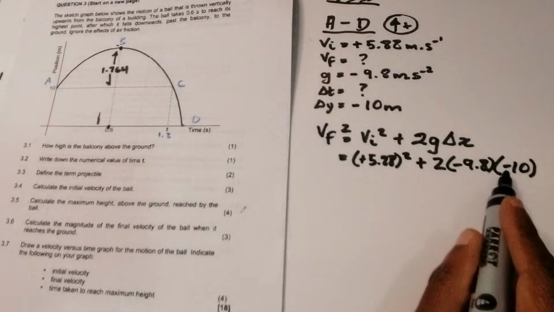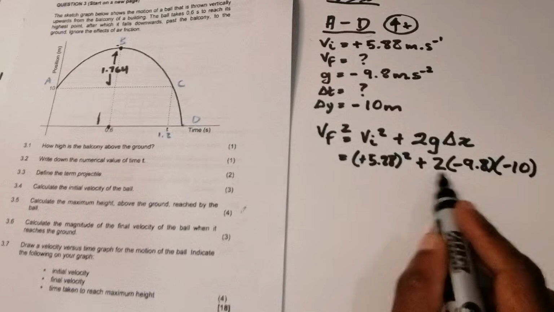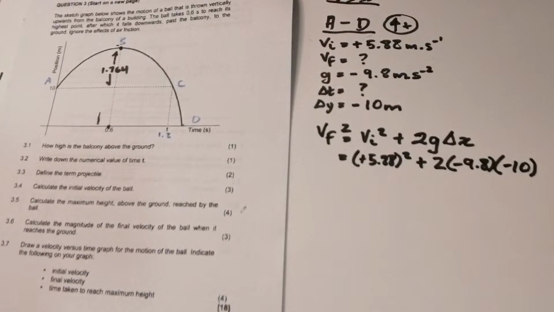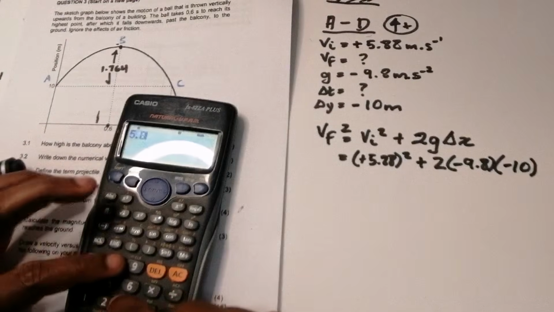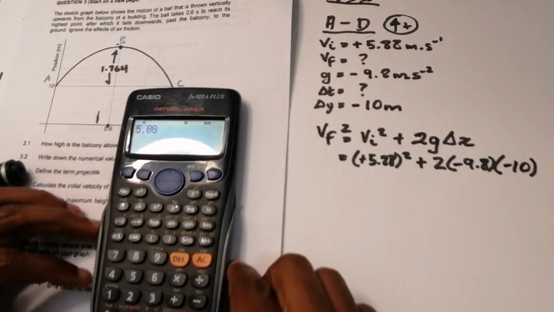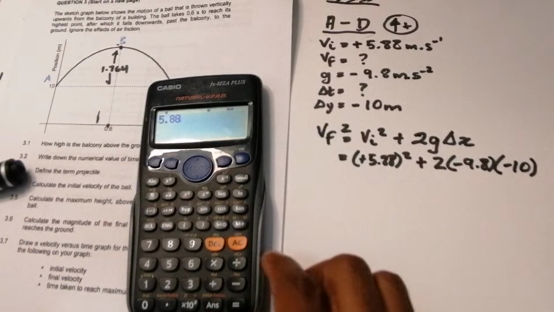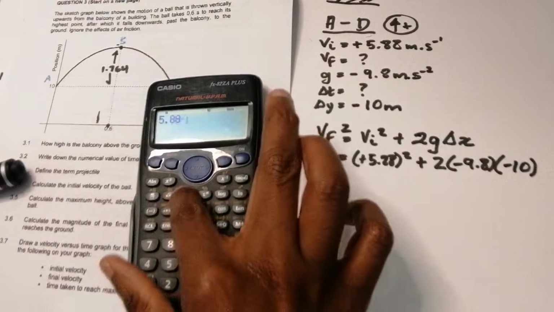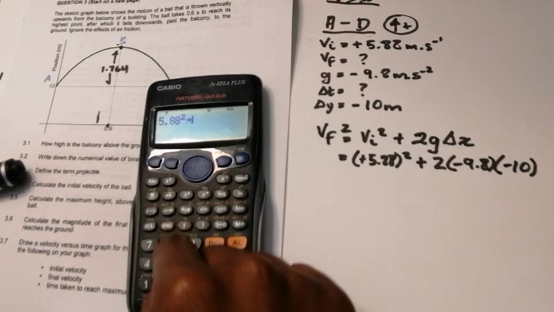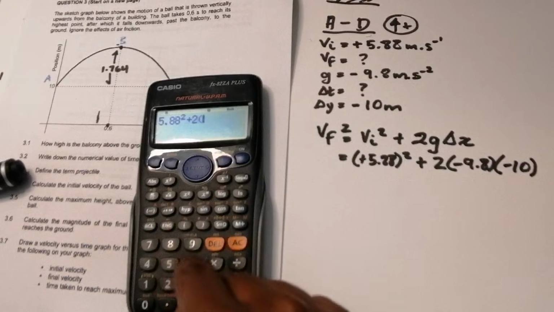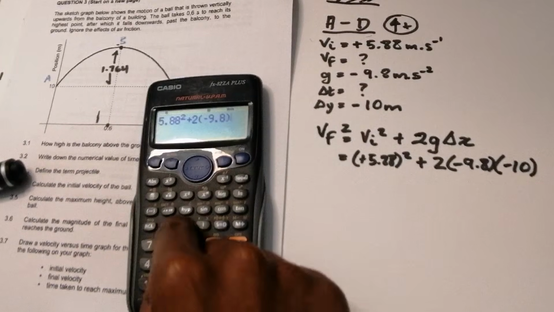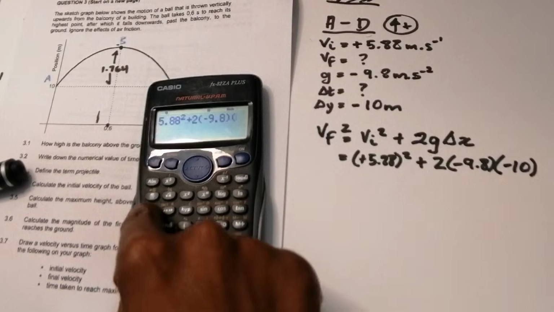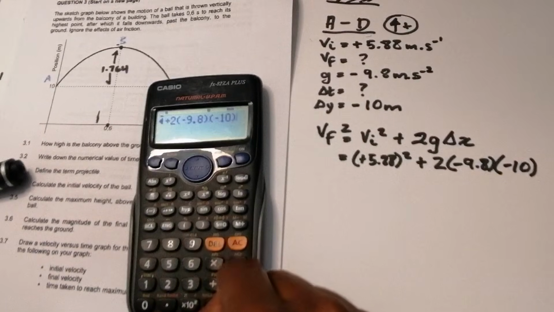You notice if you didn't put that negative there, that would make that whole term negative. So we've got 5.88. Okay, our calculator. Once again, 5.88 squared plus 2 times negative 9.8, times negative 10.